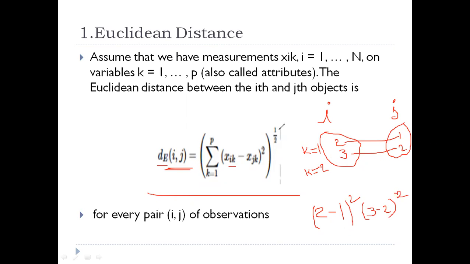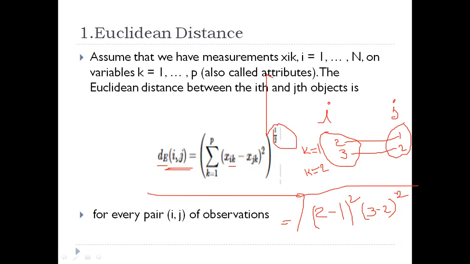Okay, so it is 1 by 2. For 1 by 2 we can measure the root of the distance. These are the values we have substituted.